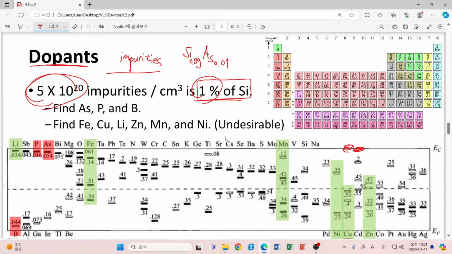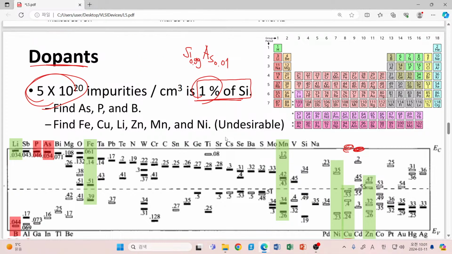But you know that in many cases these days you are using silicon germanium alloys, and typically you have 0.7 silicon and 30% germanium, or germanium 20%.